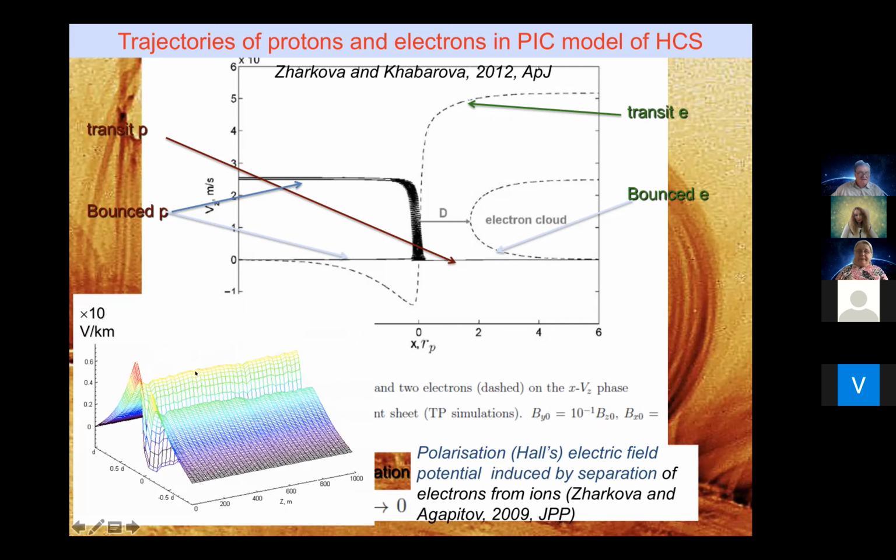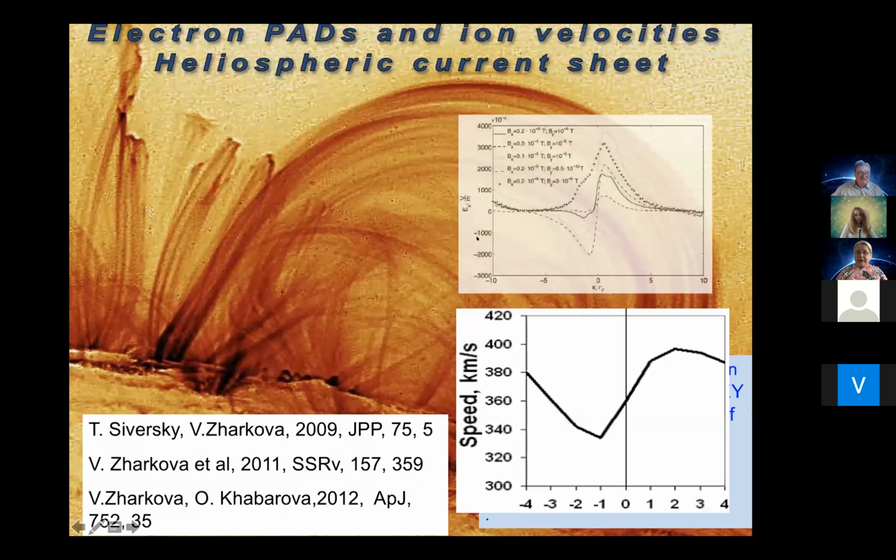So the separation of particles induces a very strong so-called polarization electric field across the current sheet. It is not the reconnection electric field, which is perpendicular to the screen. The polarization field is in the screen, across the X null point.